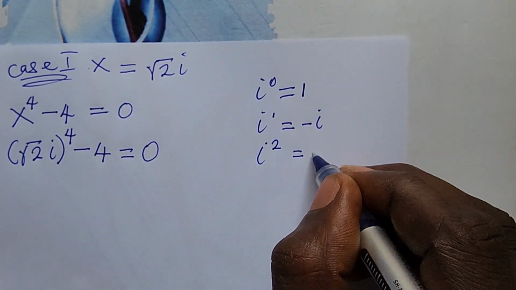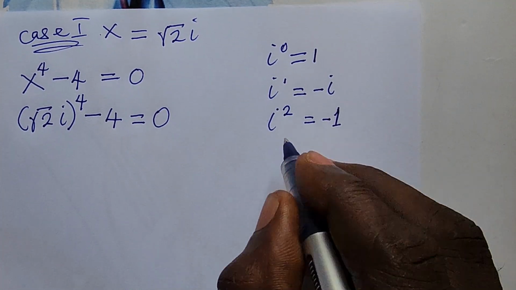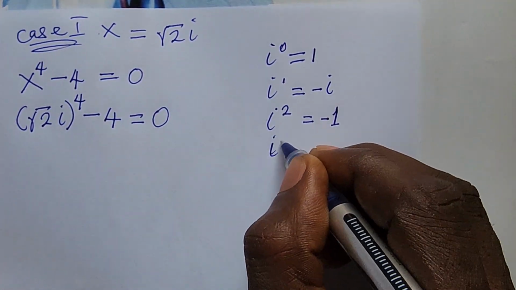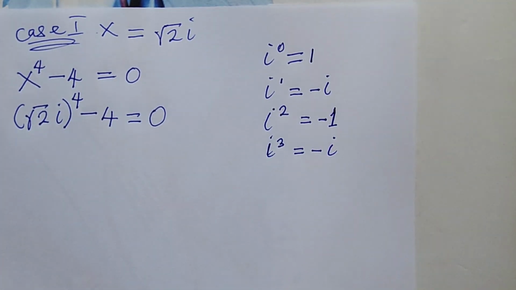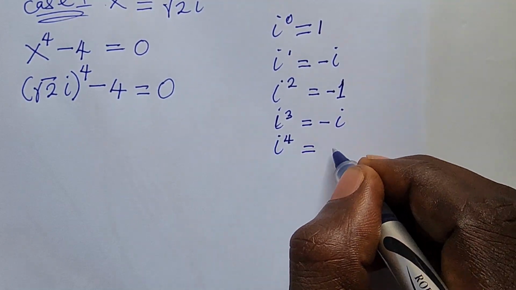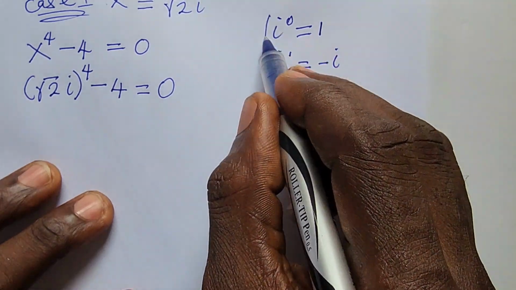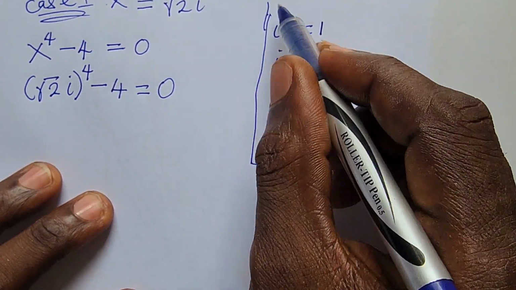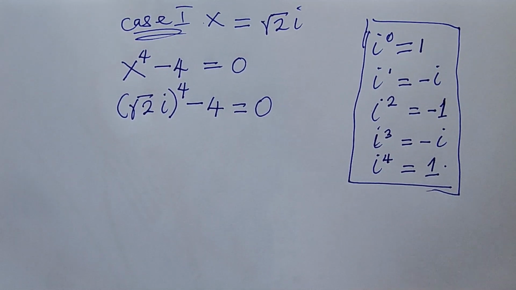This will give us minus 1. Then iota to the power of 3 will give us minus iota. And iota to the power of 4 will give us positive 1. So if you are familiar with this, then we can go ahead and solve our math challenge now.